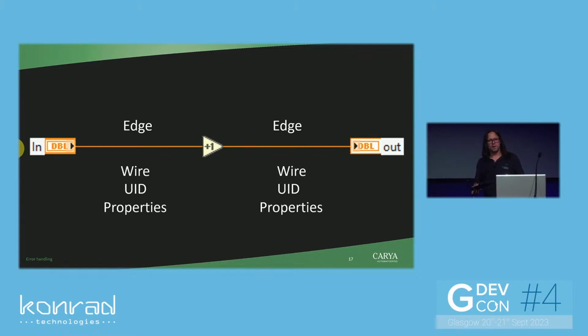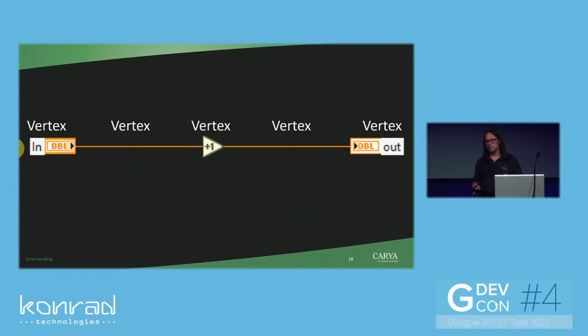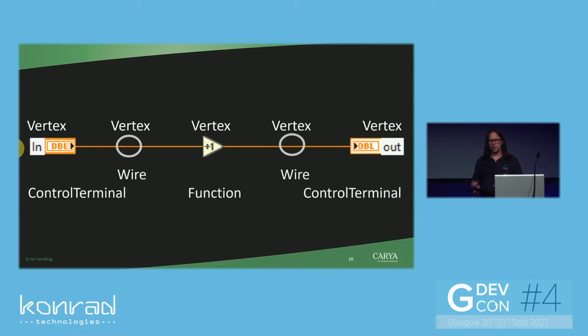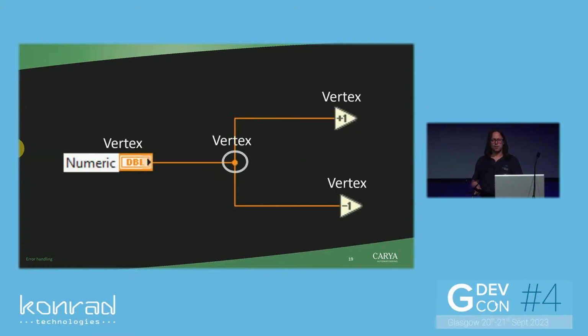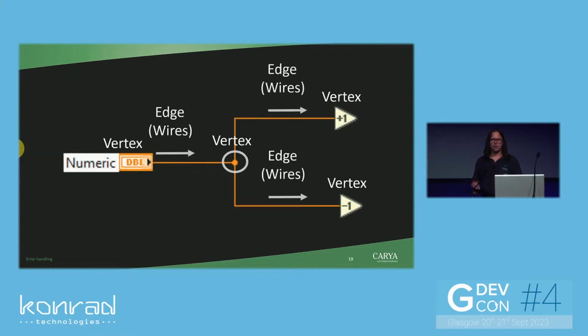However, in a graph database, edges need to be one-to-one connected, and wires can be one-to-many or zero-to-zero if a wire is broken and doesn't have any connections. So that doesn't work. But what you can do is say wires are vertices, and then make edges between the wires. And that way we can model a VI like this.